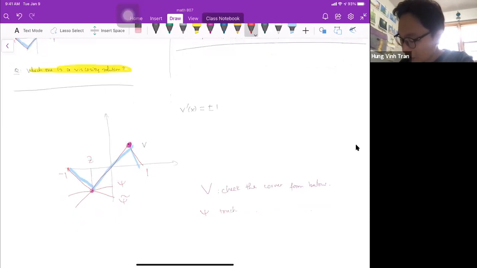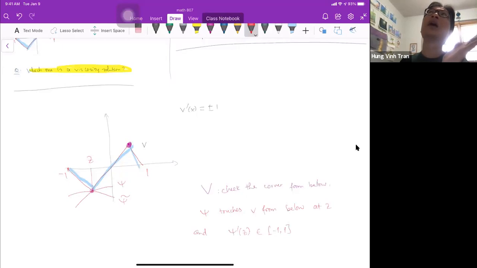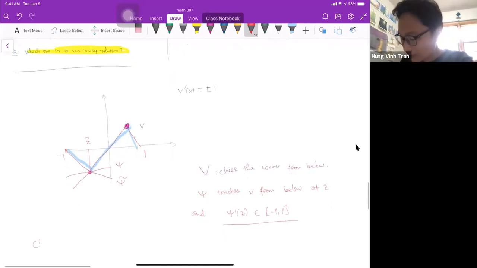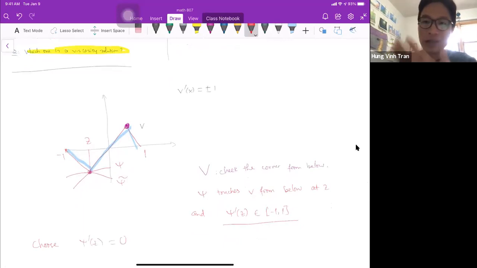So c touches v from below at z. And in fact, you can choose it so that c prime of z takes any value between -1 and 1, right? Just the slope, the slope is changing from -1 to 1. You can choose it to be anything. So in particular, you just choose c prime of z to be 0, whatever, right?